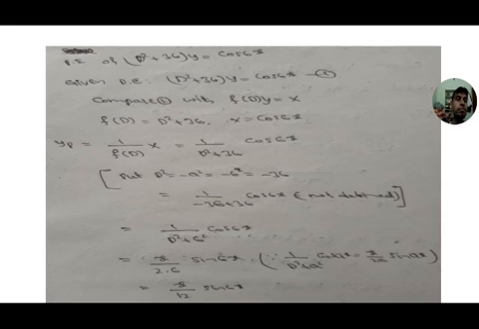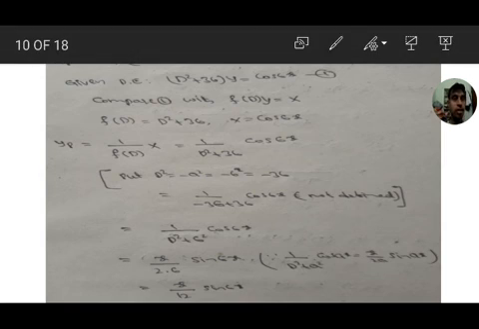Next problem. Find the particular integral of (D square plus 36) y equal to cos 6x. Given differential equation (D square plus 36) y equal to cos 6x.